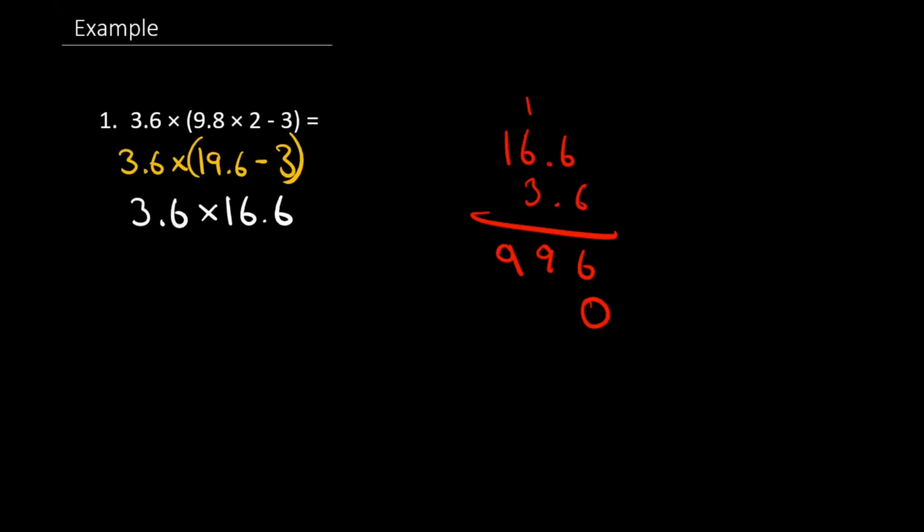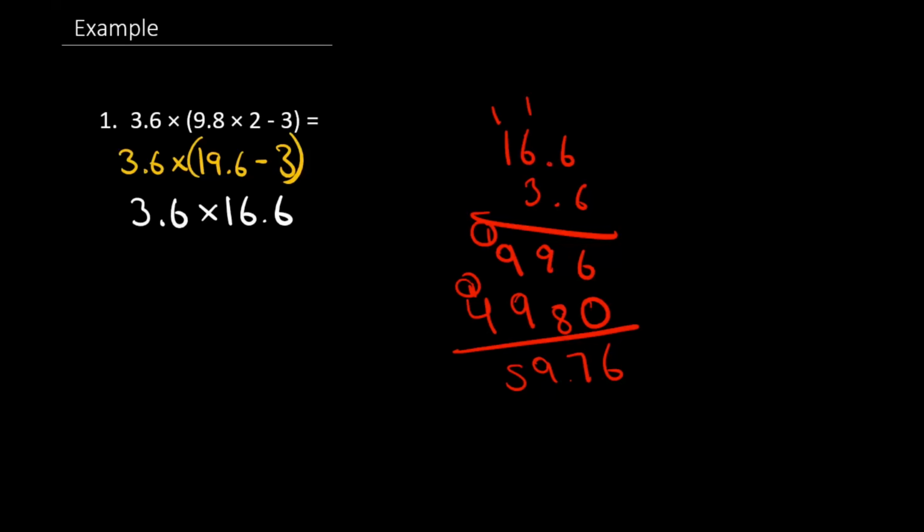3 times 6 is 18. 18 plus 1 is 19. 3 times 1 is 3. Plus 1 is 4. So now we add: 6 plus 0 is 6. 9 plus 8 is 17. 9 plus 9 is 18. 18 plus 1 is 19. 4 plus 1 is 5.